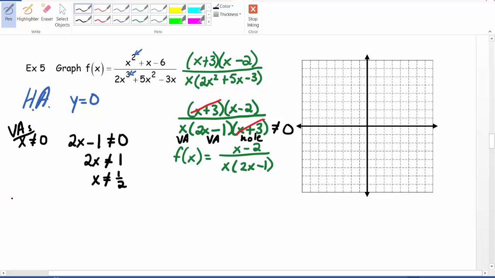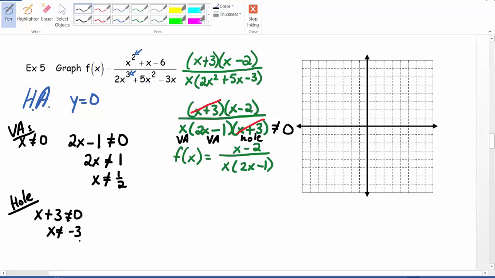Switching gears now toward the hole, we know that this x plus 3 that got canceled earlier cannot be equal to 0 still. Just subtracting 3 from both sides, we end up with x cannot be equal to negative 3.